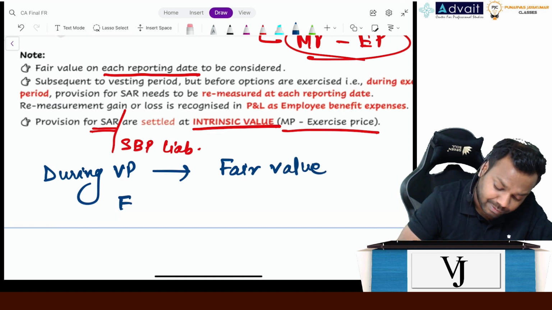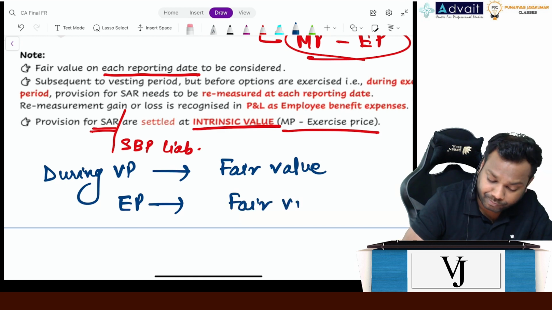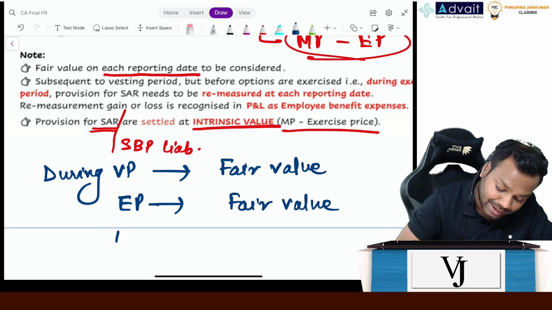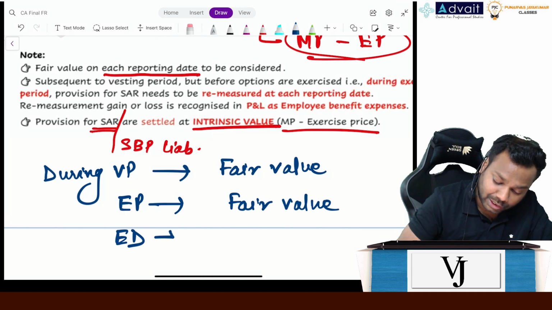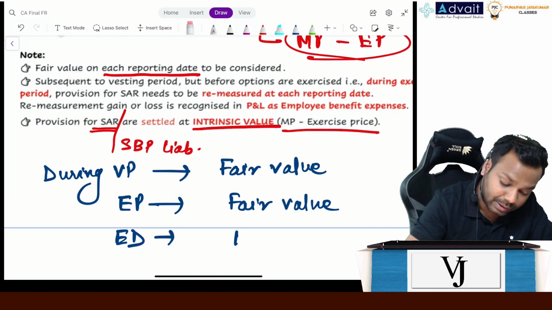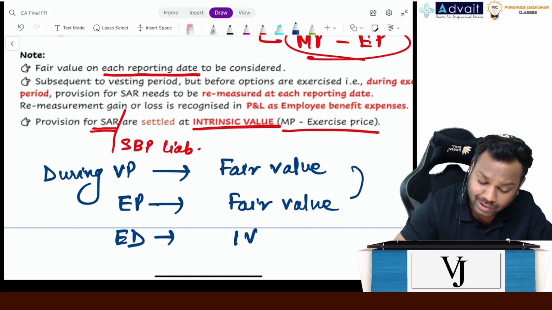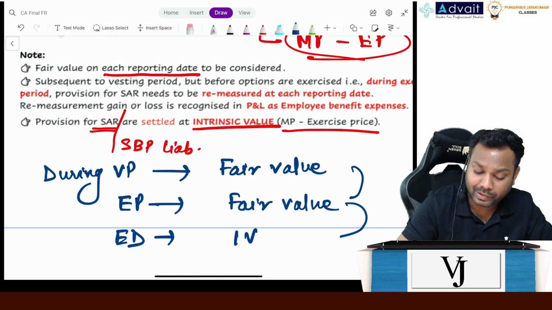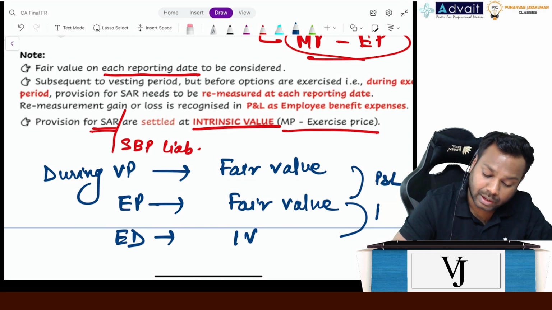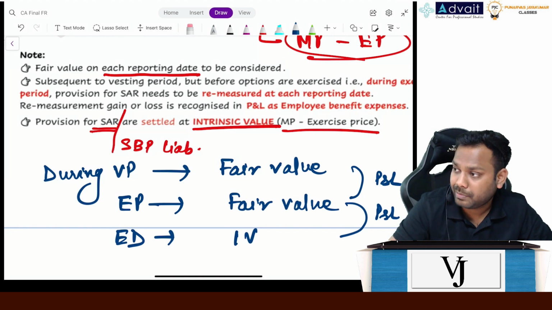During the exercise period, you will do the accounting as per fair value. But on the exercise date, you will do the accounting as per intrinsic value. Any change in the fair value, or any change from fair value to intrinsic value, will be transferred to P&L as employee benefit expenses. Is it clear, everyone?